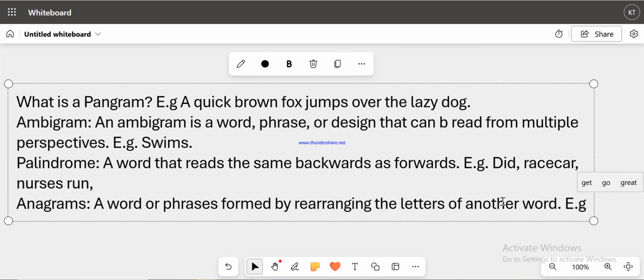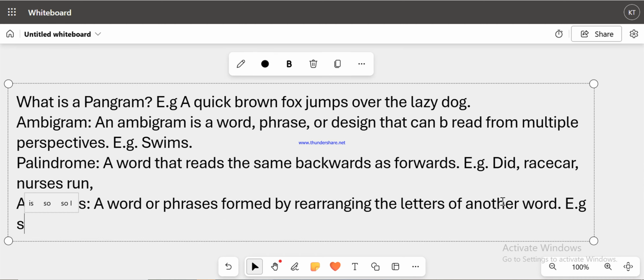For example, let's think of a word. We can have the word silence. From the word silence, we can rearrange the letters to form another word.